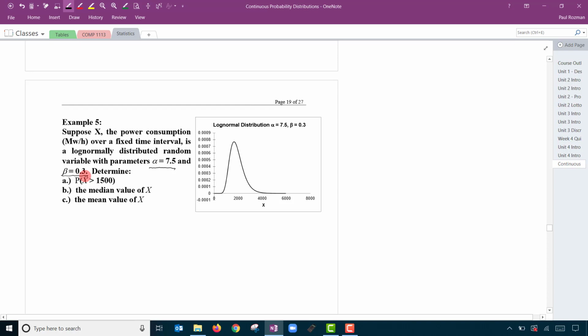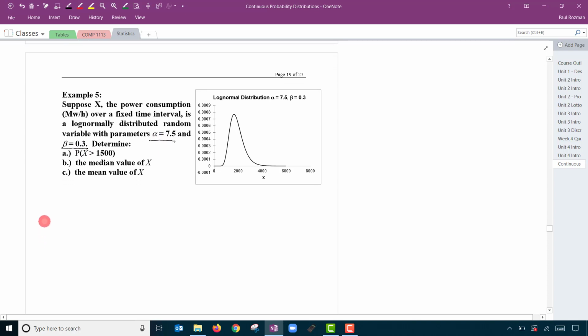This is a typical textbook type question, where these values just sort of magically appear. We'll come up with a way to estimate them in the next example. But let's just start with this. I plotted what a distribution with alpha is 7.5 and beta is 0.3, just so you can get an idea of what this looks like. And then we ask some questions. For example, what's the probability that the power consumption is above 1,500 megawatts per hour?